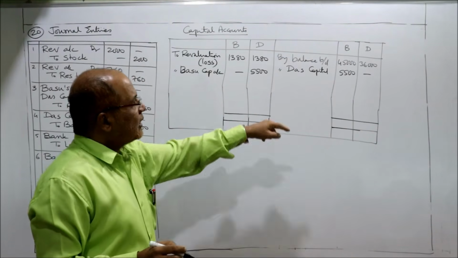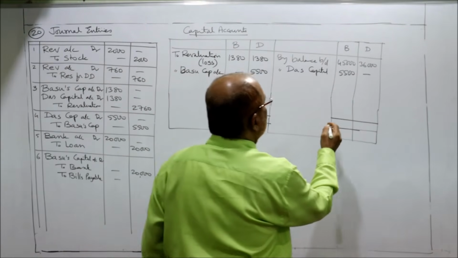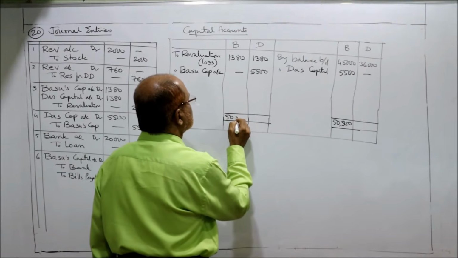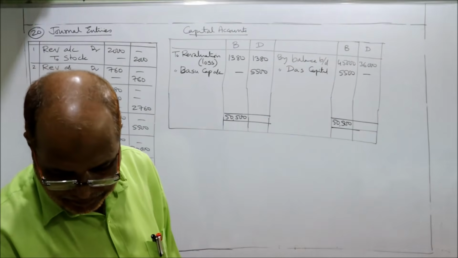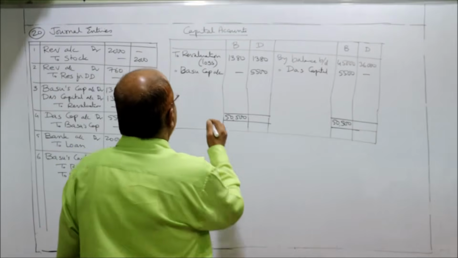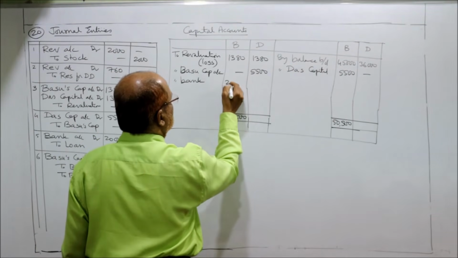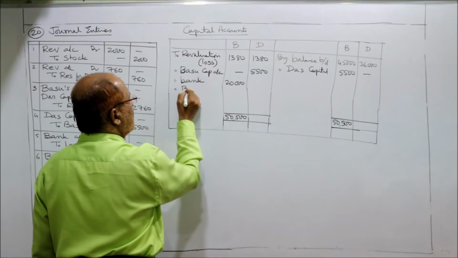Basu, what is the total? 50,500. Credit side 50,500. 50,500 minus 1380, or we can take by bank. We have paid to Basu 20,000. So remaining how much amount is bills payable?